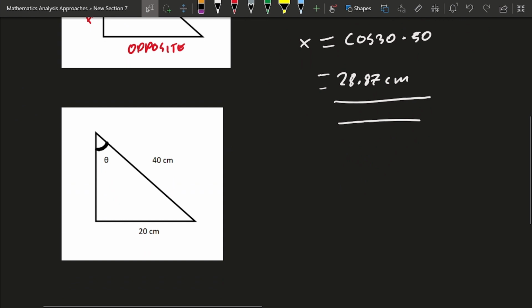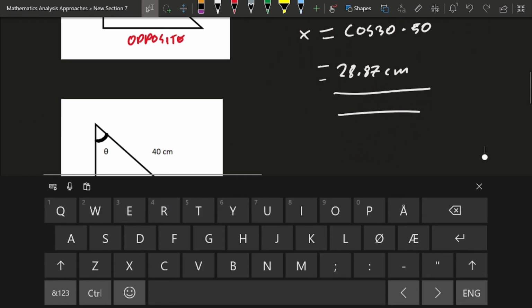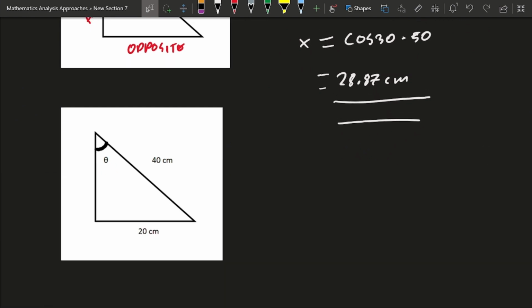Now, if you didn't get this answer, make sure that your calculator settings has the angle set to degrees and not radians or gradients. If they are, you're most likely incorrect with your answer.